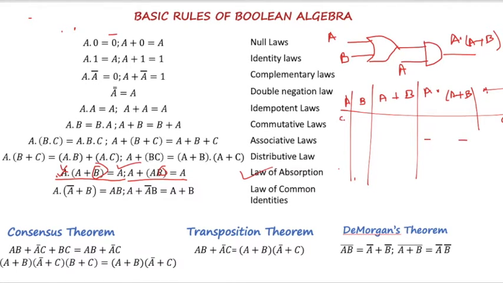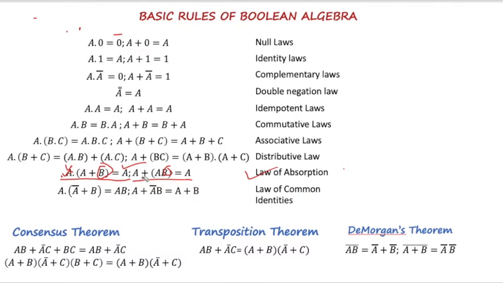So here you can see 0, 0 gives 0, 0, 1, 1. That is the OR operation. 1, 0, 1, 1, 1, 1. So this gives 0, 0, 1, 1. So here you can see this line is the same as this line, that is A is equal to this one.